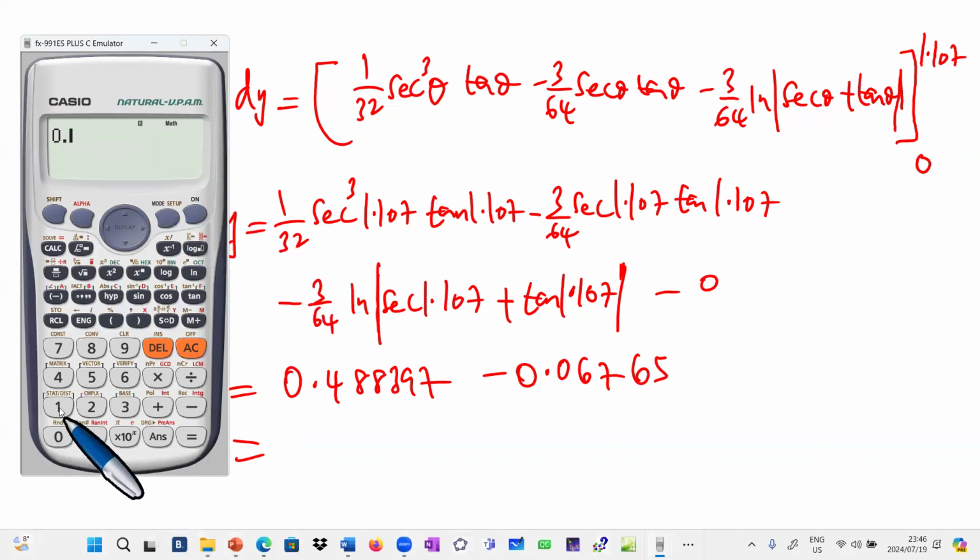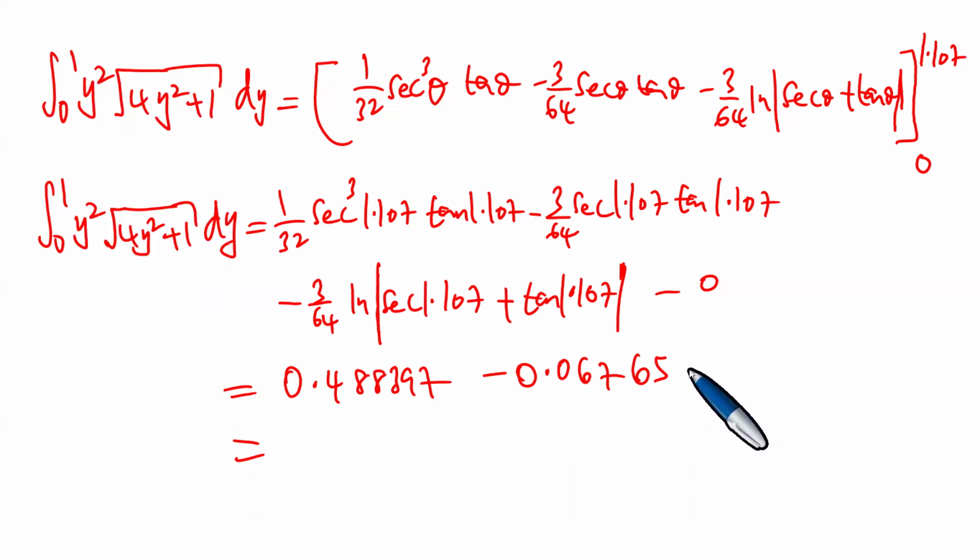So you have 0.488397 minus 0.06765, which is this one, 0.420747.